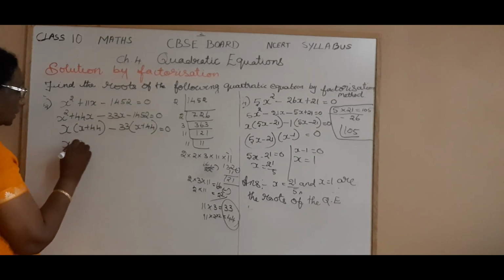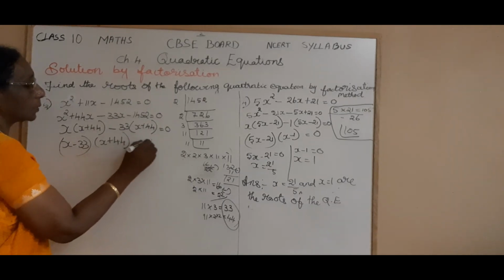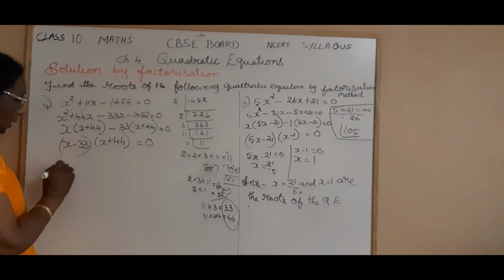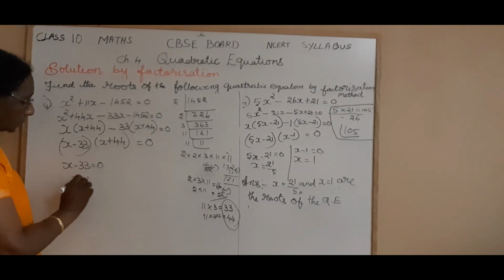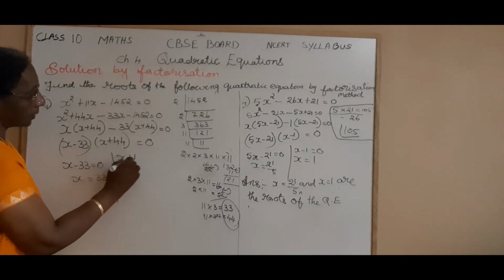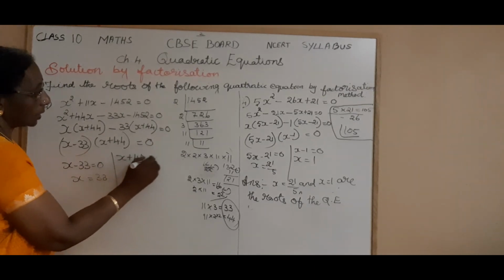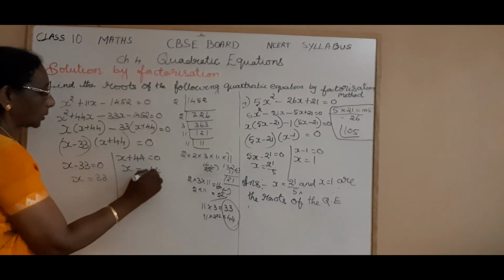So x minus 33 into x plus 44 is equal to 0. So x minus 33 is equal to 0 means x is equal to 33. And x plus 44 equal to 0 gives x is equal to minus 44.